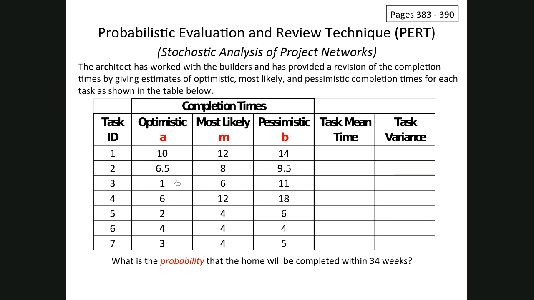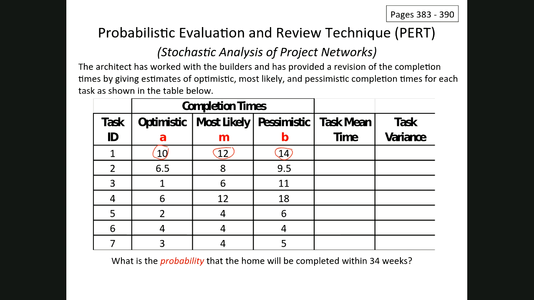For example, for task number 1, if the best thing happens, optimistically, if everything goes as well as possible, we can complete in 10 weeks. Our most likely time, as it was previously, is 12 weeks. But the pessimistic time, if things go poorly, we believe we can complete in 14 weeks.